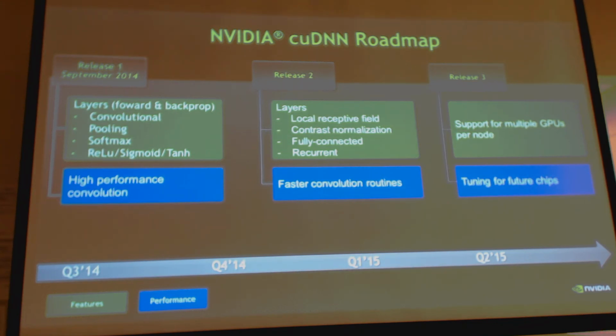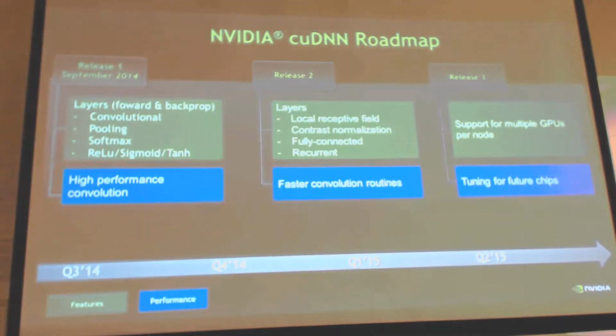This is our roadmap for the future. That's what we have right now. Release 1 is what's out there. We have the convolutional layer, the pooling layer, softmax, and some of the more commonly used activation functions. Reasonably high performance on the convolution. Our next release, as I said, this is what we have right now. This is by no means cast in stone.